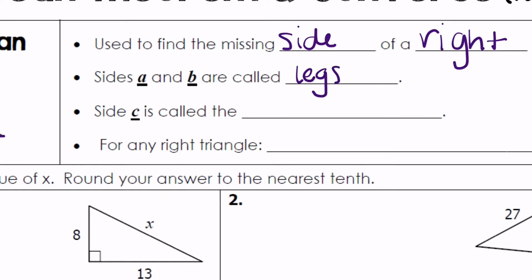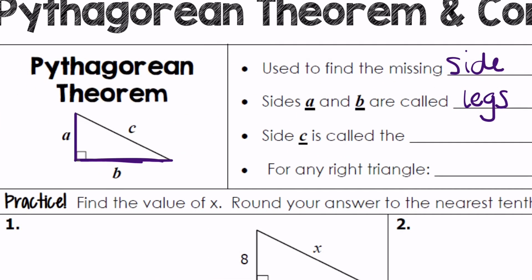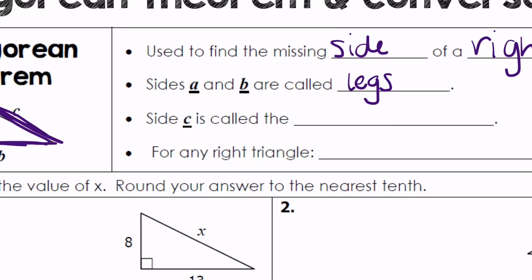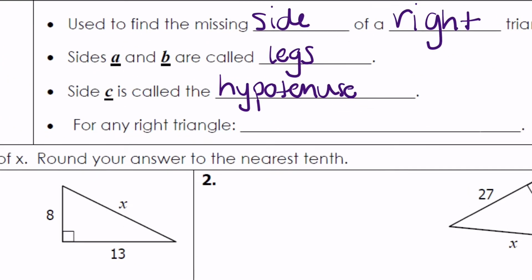Then side C is called the hypotenuse, which should sound familiar. For any right triangle, remember a squared plus b squared equals c squared. Okay, and that's our Pythagorean theorem.